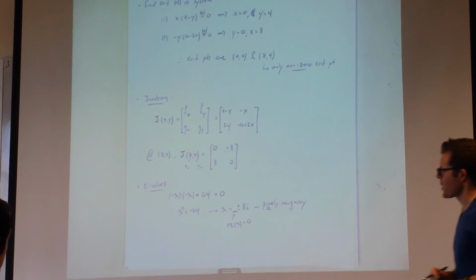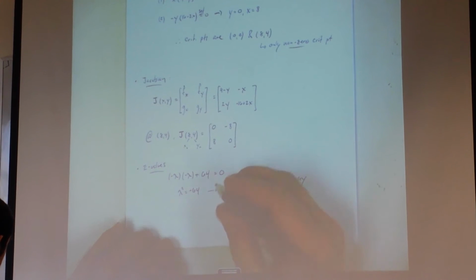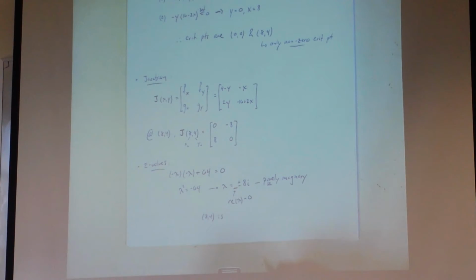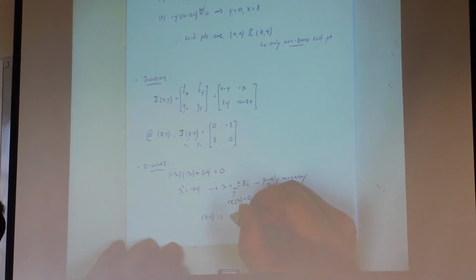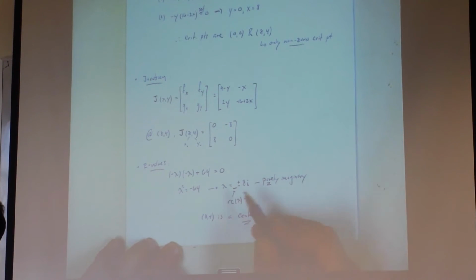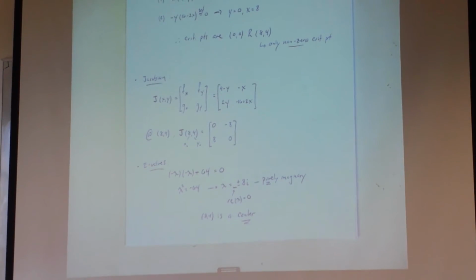So if you look at the table on 393, it's either a center, in which case it's stable. Center is what we get if we have a linear system and I get purely imaginary eigenvalues.